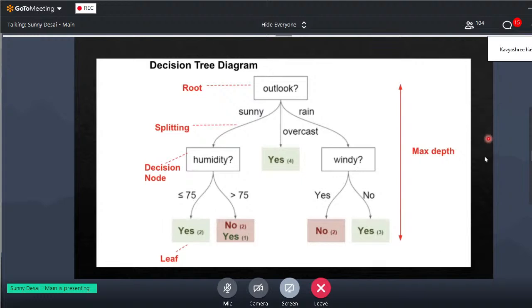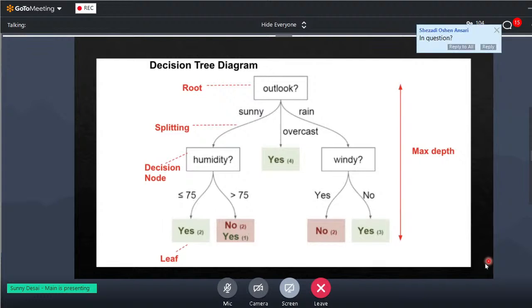What is the first variable? Wait. The first variable, what I'm writing down is overcast and humidity. Okay? Overcast and humidity. What is the first variable?